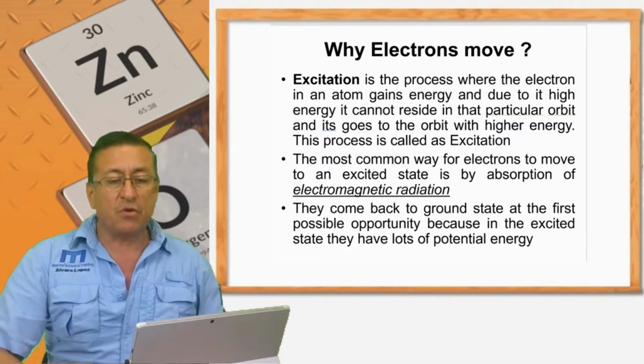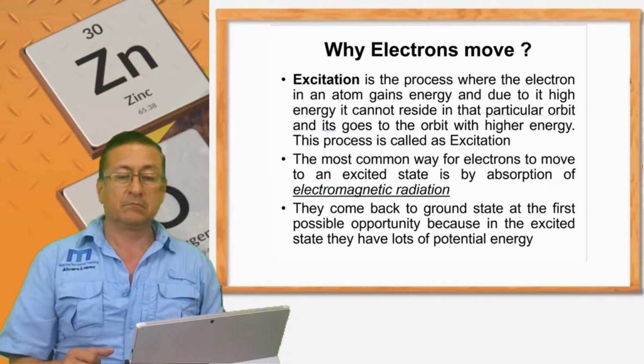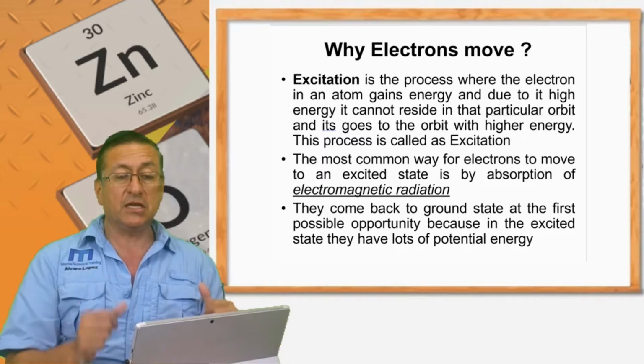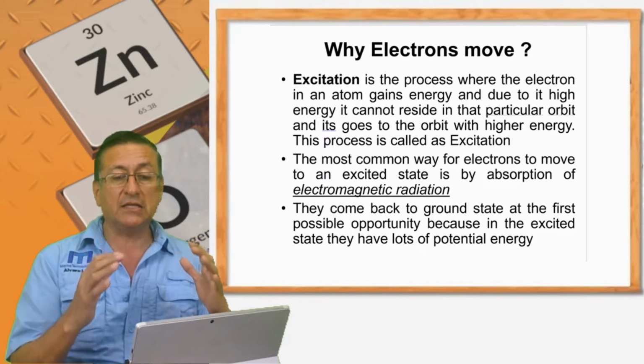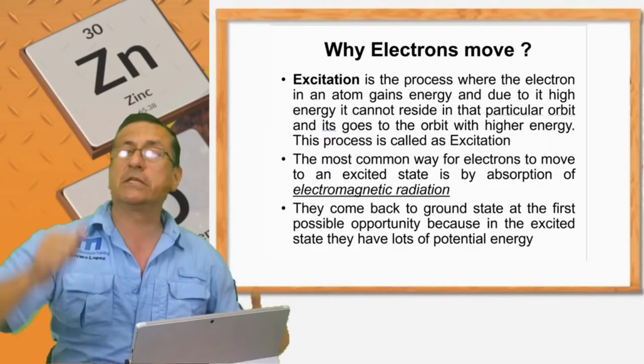Excitation is the process where the electron in an atom gains energy, and because of the high energy, it cannot reside in a particular orbit and tries to jump into other orbits.